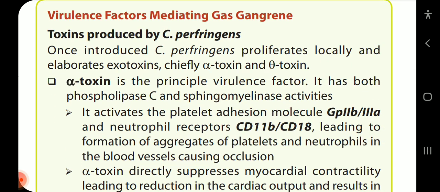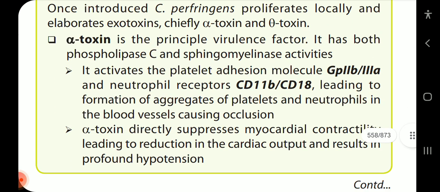Virulence factors mediating gas gangrene: toxins produced by Clostridium perfringens. Once introduced, C. perfringens proliferates locally and elaborates exotoxins, chiefly alpha and theta toxin. Alpha toxin is the principal virulence factor and has both phospholipase C and sphingomyelinase activities.